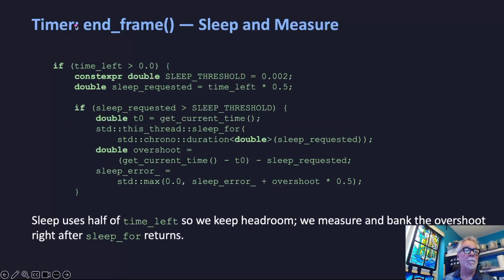Now, there's two things that can happen at this point. Time left can be greater than 0. That means that we have a budget of time that we need to waste or wait before we start the new frame.